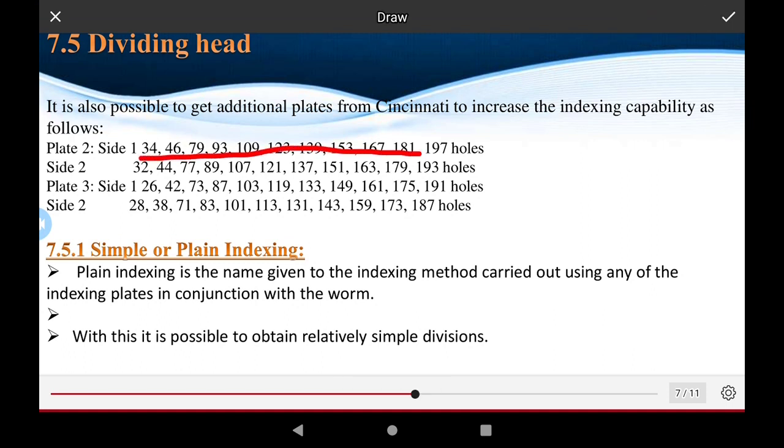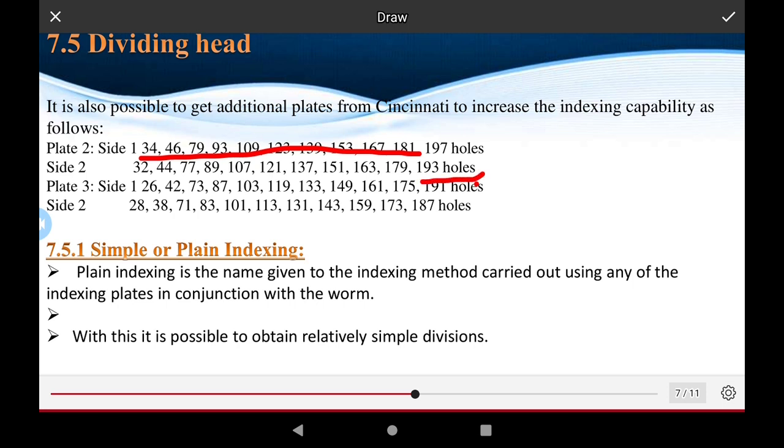Okay, and side 2 is 32, 32, 44, 77, 89, 107, 121, 137, 151 and 163, 179 and 193 holes.